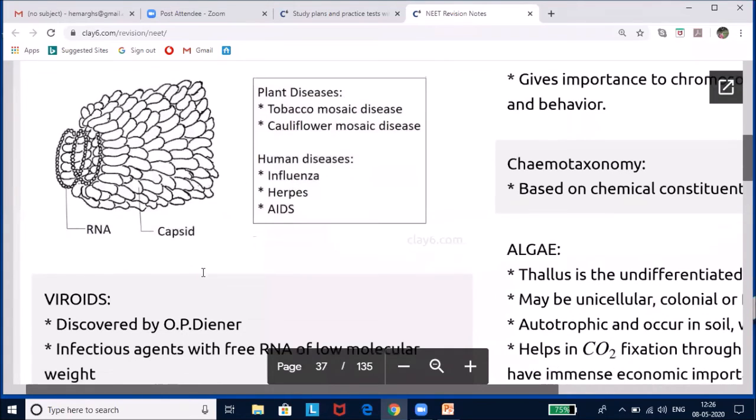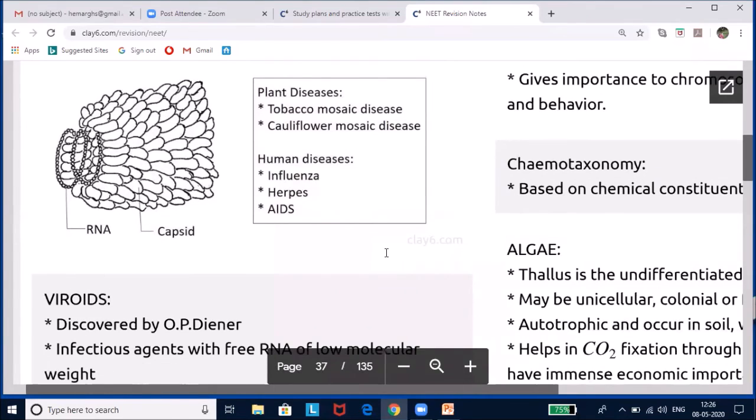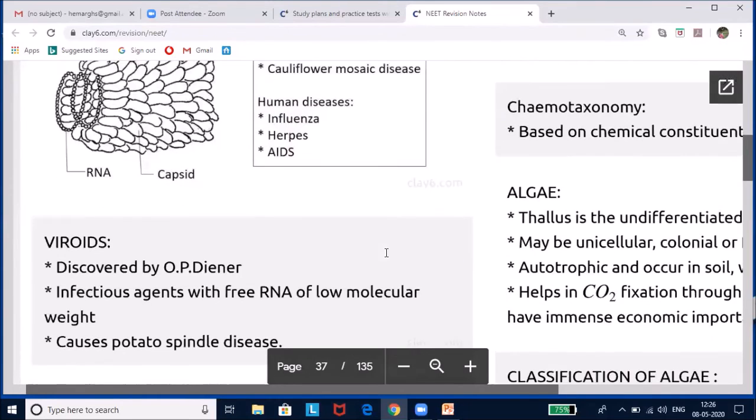When this capsid is broken down, or if its integrity is broken, the virus can be destroyed. Plant diseases: tobacco mosaic virus, cauliflower mosaic virus. Human diseases: influenza, herpes and AIDS. There are many diseases, but from your exam point of view, if you learn these, this is fine.